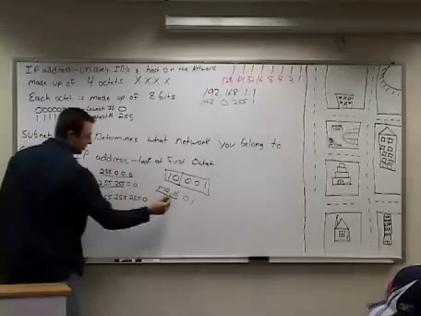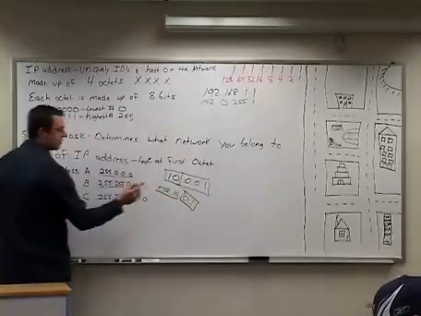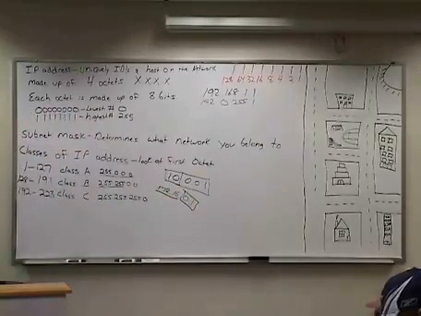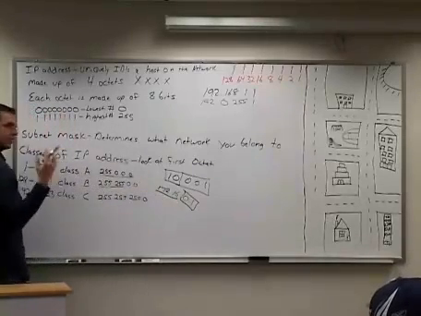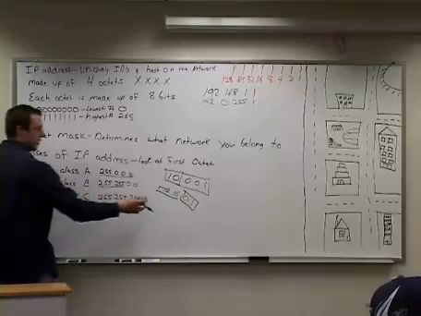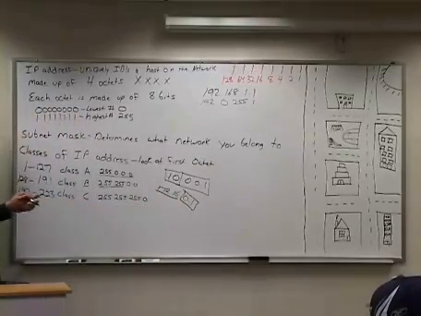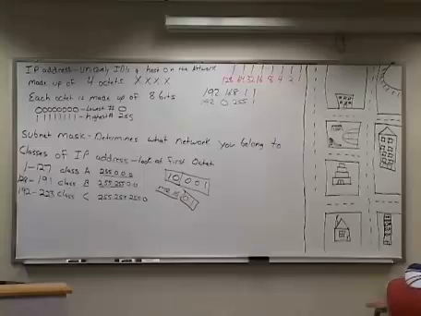The last 2 octets refer to a specific host. The 0.1 uniquely identifies a specific computer on that network. With me so far? Okay.